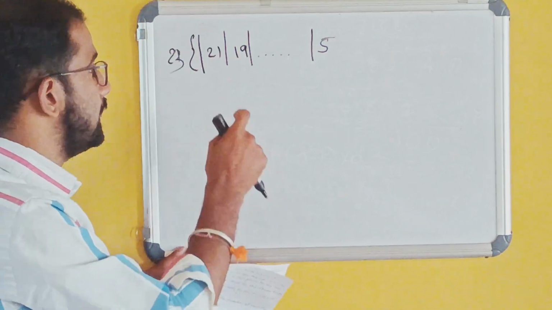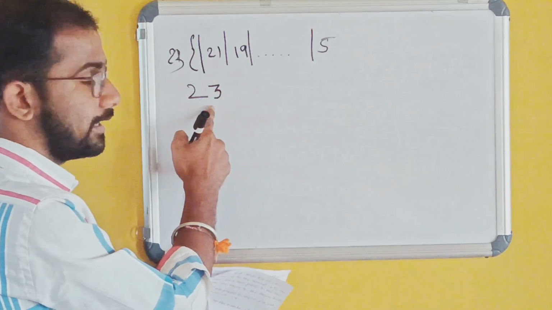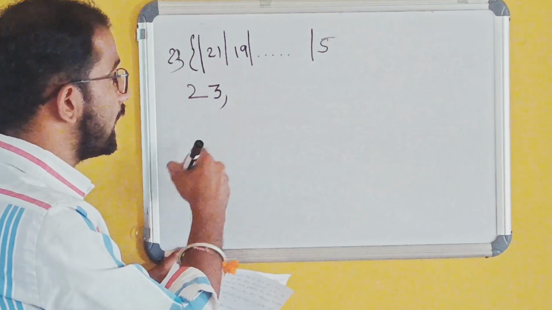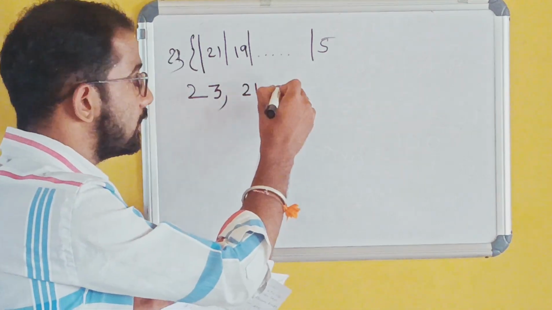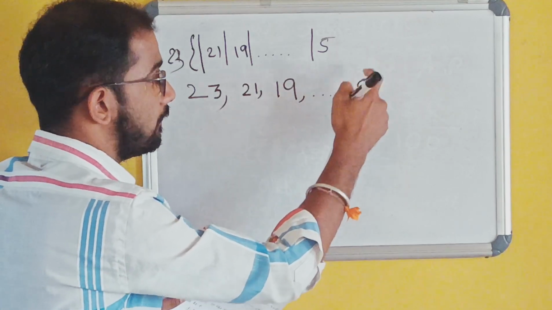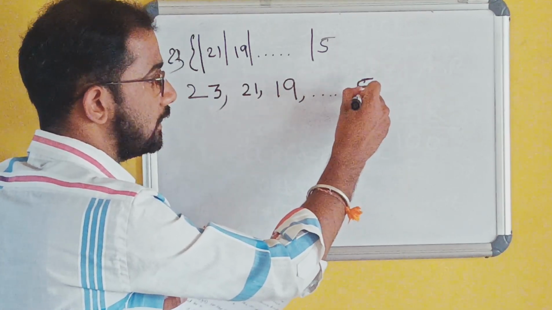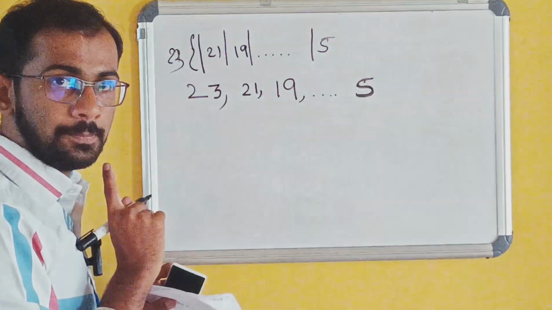See, in the first row the flowers present are 23. In the second row, 21 flowers are present. In the third row, 19, and so on up to the last row, where 5 flowers are present.